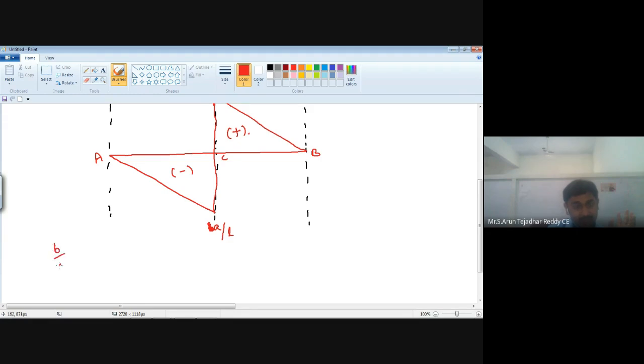Now B by L, that is 6 by 12, is equal to 0.5. This is our upward ordinate. Now downward ordinate is A by L. A is 6 by 12, then it is 0.5.